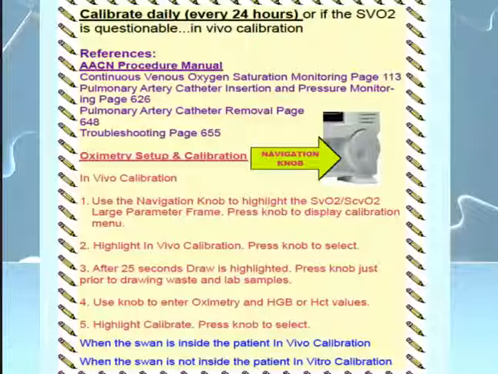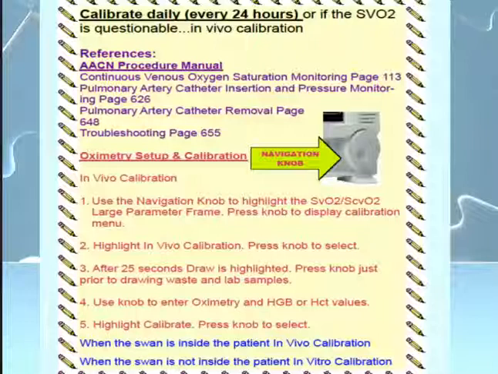In order to calibrate your SpO2 Swan, you have to have a recent, as in the same time or close to, ABG and CBC. So step 5, you're going to highlight calibrate, you're going to press the knob to select it, and then your new numbers will go in there.